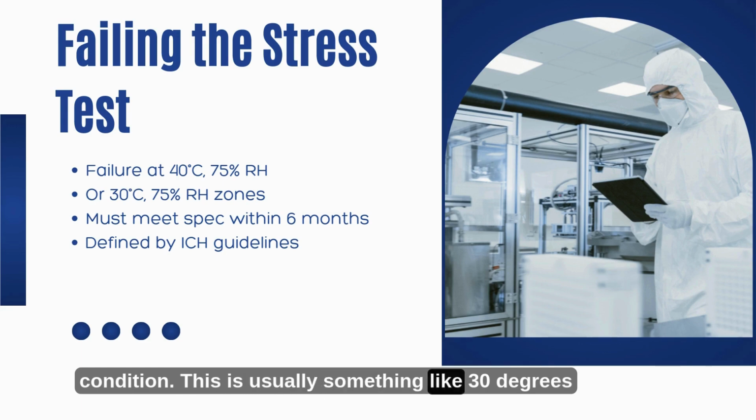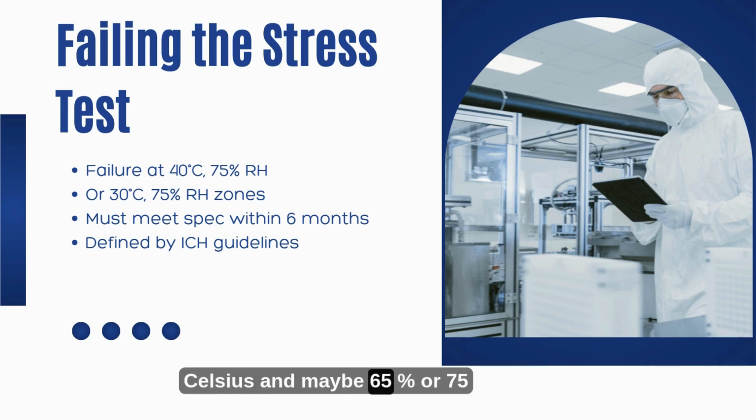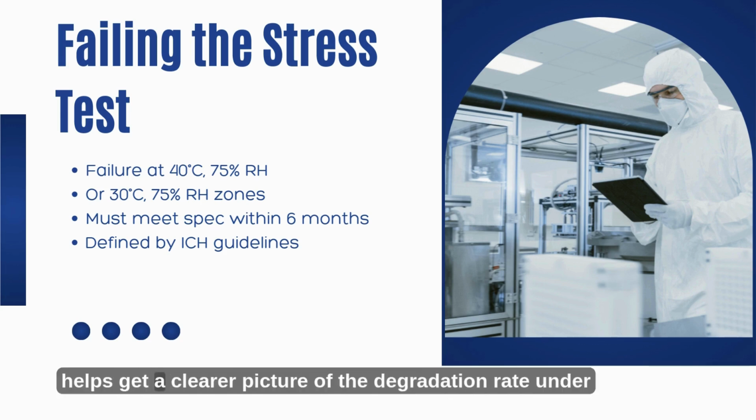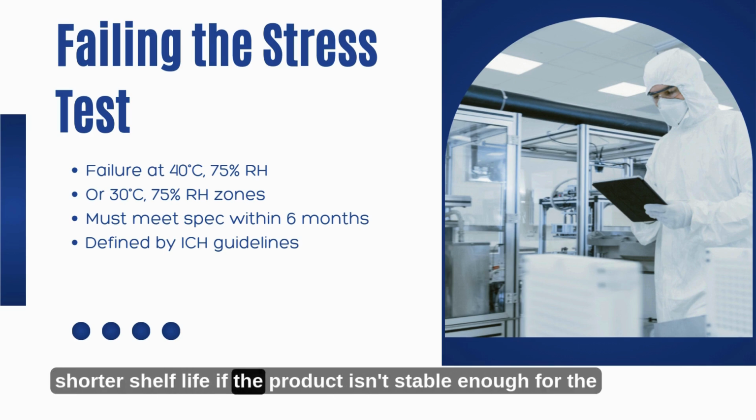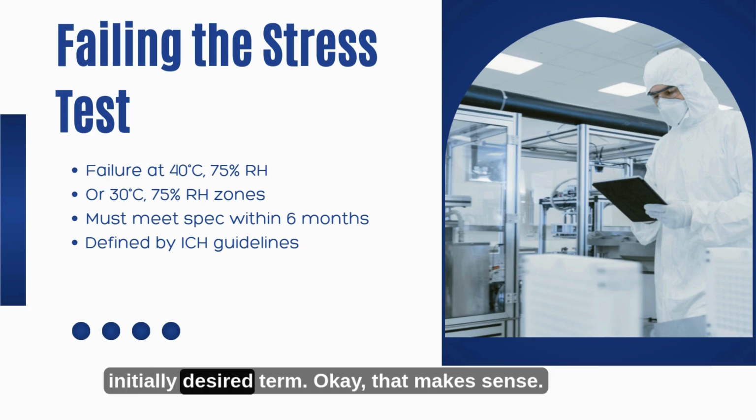This is usually something like 30 degrees Celsius and maybe 65% or 75% relative humidity. And why do that? It helps get a clearer picture of the degradation rate under conditions that are still stressful but less extreme than the 40-75. It can help in establishing appropriate storage conditions or perhaps justifying a shorter shelf life if the product isn't stable enough for the initially desired term.